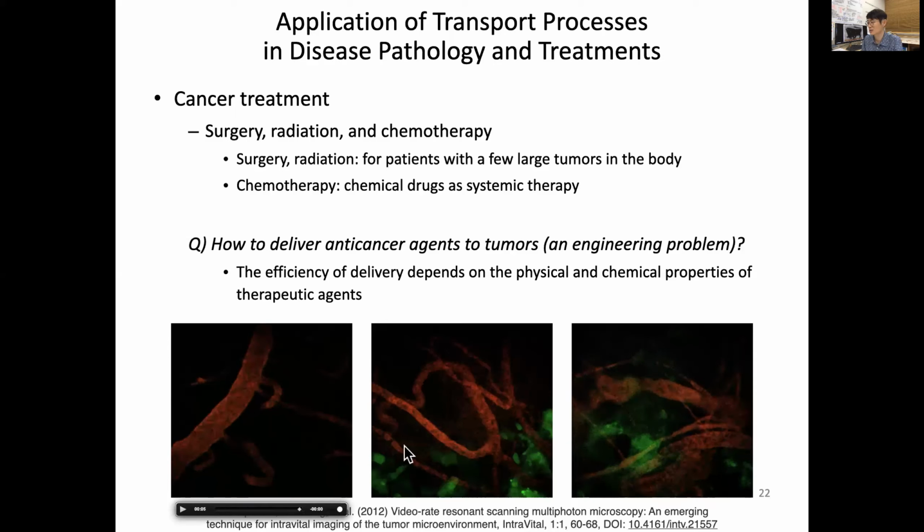While in the lower part, the green is actually tumor cells. So this is a tumor boundary. So let's see how the flow looks. You see those flows are kind of okay, but in here, it's much slower and intermittent flow, while the other part looks quite okay.